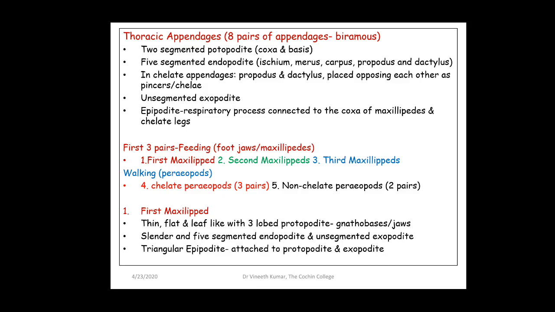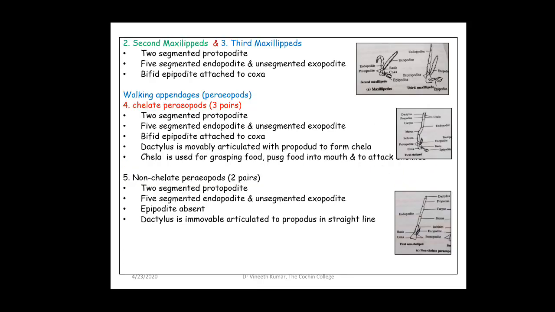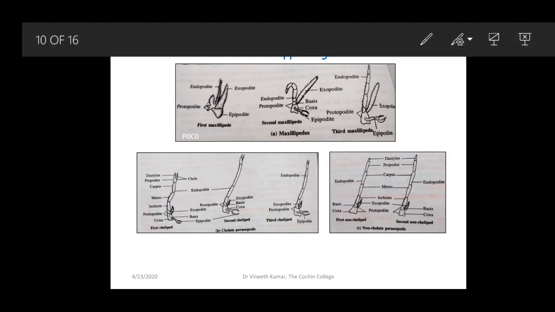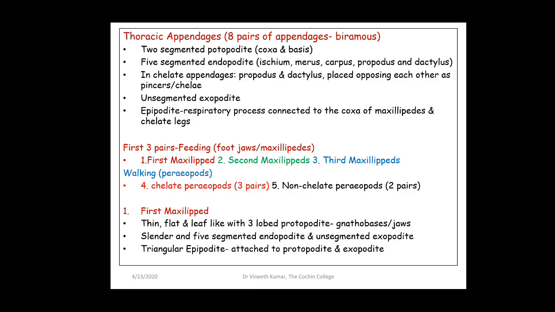It has a triangular epipodite which is attached to the protopodite and exopodite. So this one is the first maxilliped. You can see the triangular epipodite here, the protopodite, and the unsegmented exopodite. The segmented endopodite can be seen here; it is normally 5 segmented.